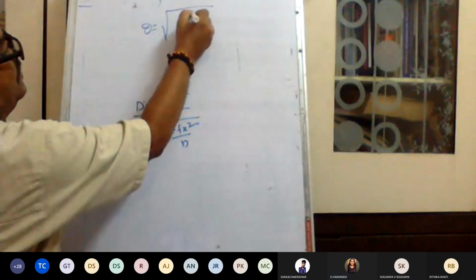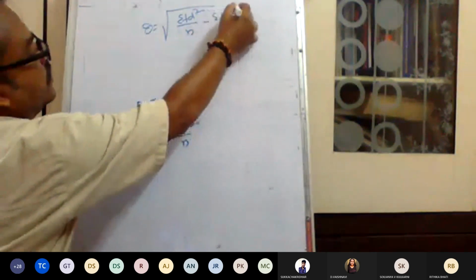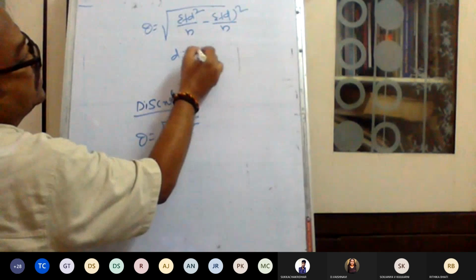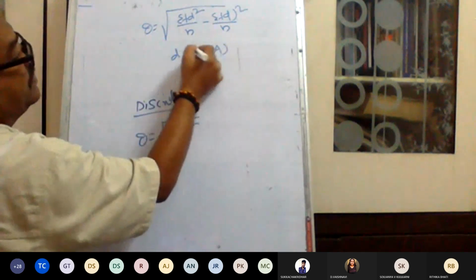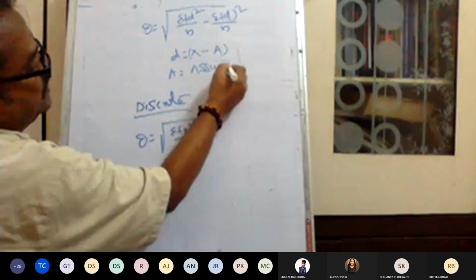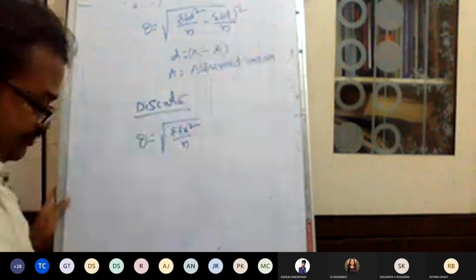Sigma fd square divided by n minus sigma fd whole square divided by n, where d is equal to x minus a, and a is equal to assumed mean.